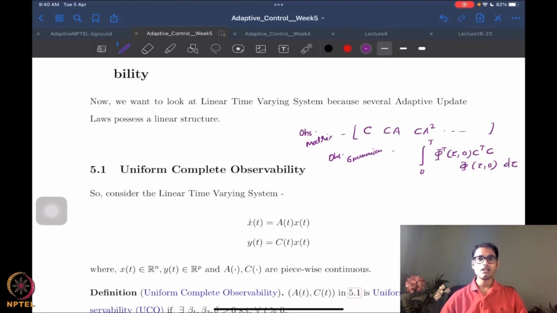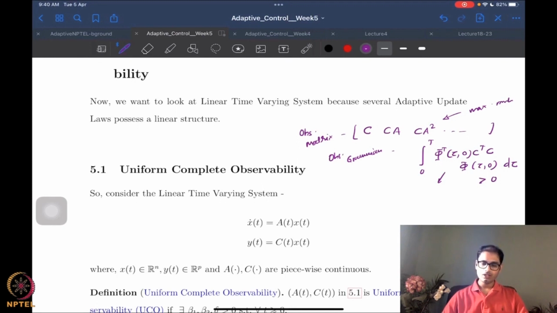This is the observability Gramian, and the equivalent condition is that this is full rank, or positive definite. These were the equivalent conditions for observability for linear time invariant systems.